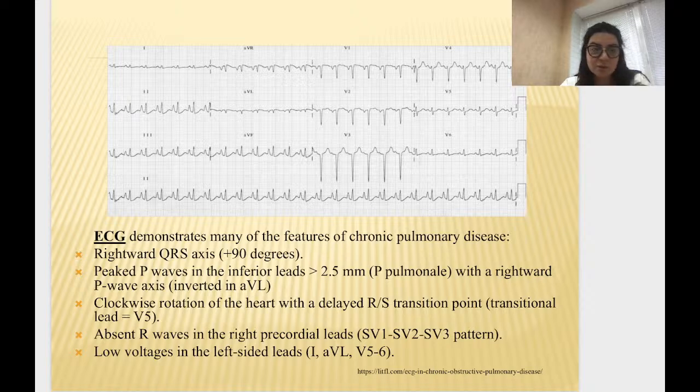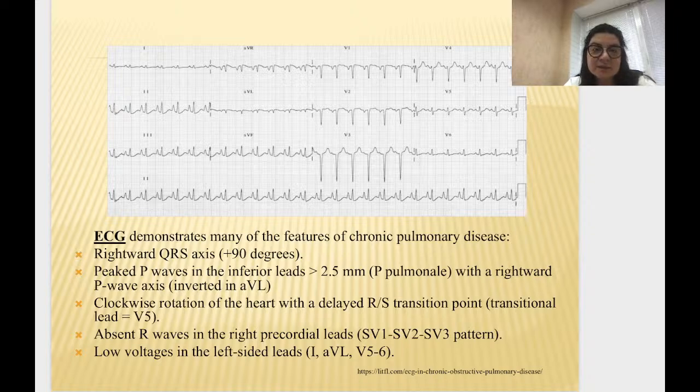Moreover, we can see on this ECG clockwise rotation of the heart with a delayed RS transition point. There is absence of R waves in the right precordial leads, an SV1, V2, V3 pattern, and low voltages in the left-sided leads I, aVL, V5, V6.